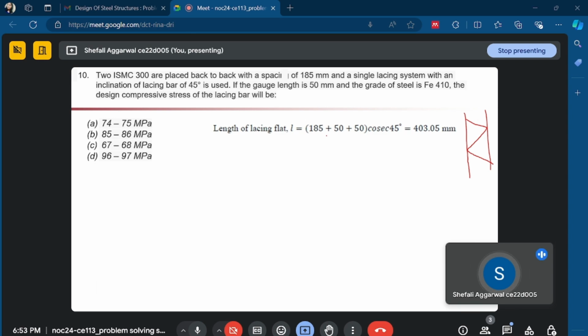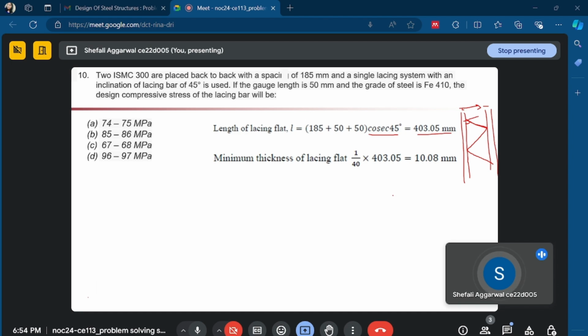Then it will be given by spacing plus gauge length, this spacing plus one gauge length, then one more gauge length: 185 plus 50 plus 50, into cosecant of 45 degrees. So at this 45 degree we have given. This length into cosecant 45 degree will give us the length of our complete lacing flat, which is coming as 403.05 mm.